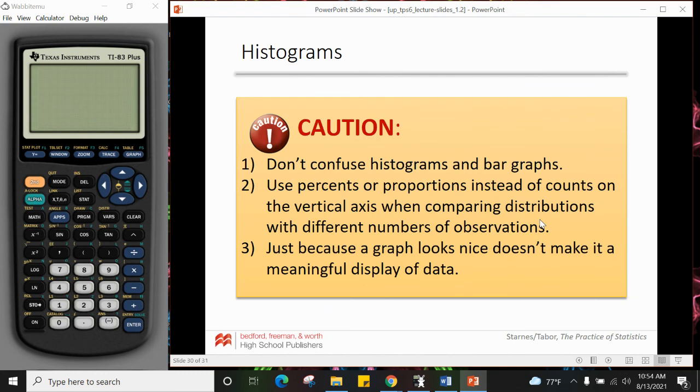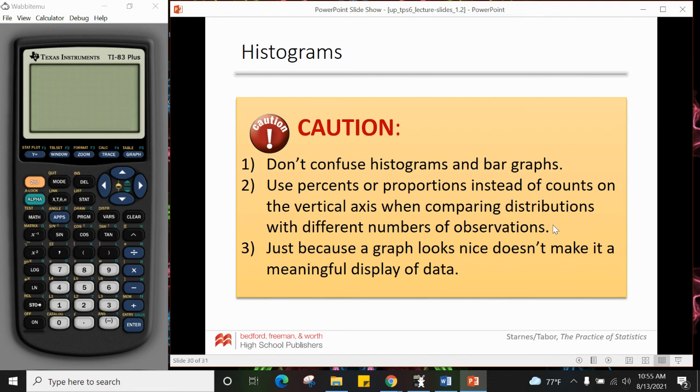Here are some cautions, where a lot of people make mistakes. Don't confuse histograms and bar graphs. Histograms are for quantitative data and they are intervals. Bar graphs are for categorical data and they are categories, not intervals. So those are different. Use percentages or proportions instead of counts on the vertical axis when comparing distributions with different numbers of observations.